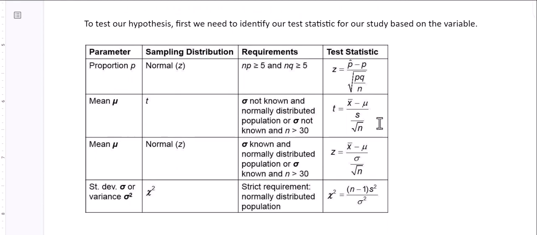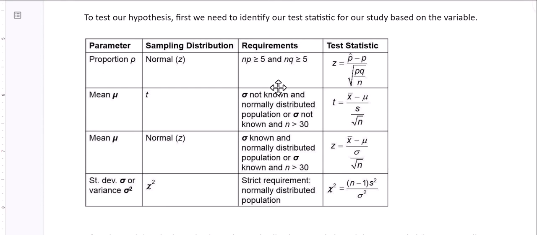And just to recap some of what we did in the last sections, how do you choose your test statistic? These are the different things that we can approximate or test: population proportion if we have categorical data, mean if we have quantitative data, and then our standard deviation. In this section we're going to be focusing on the mean.